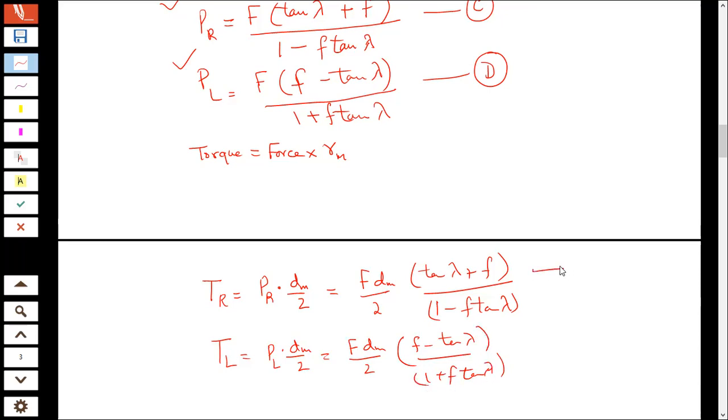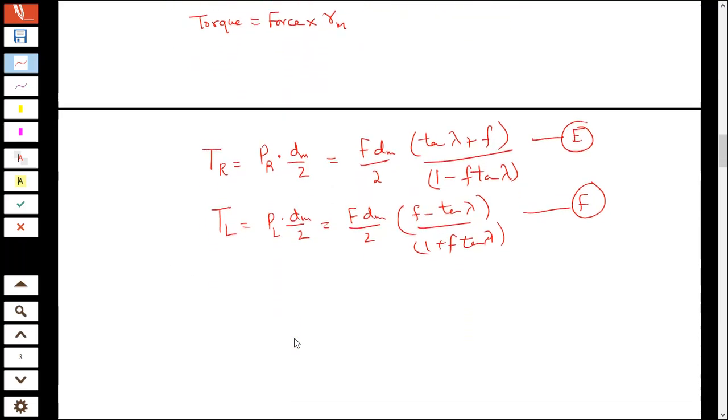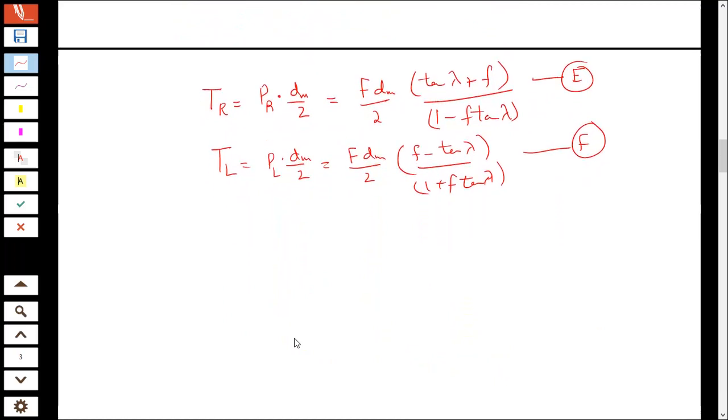So this is going to be my equation E and equation F. So now we found out the torques required to lower and rise the loads.